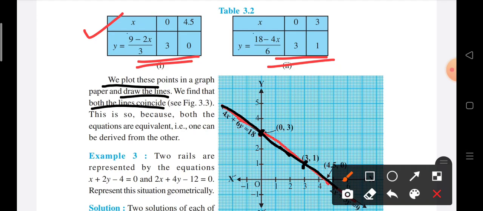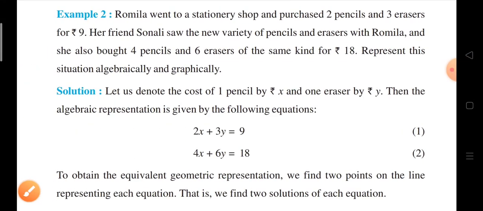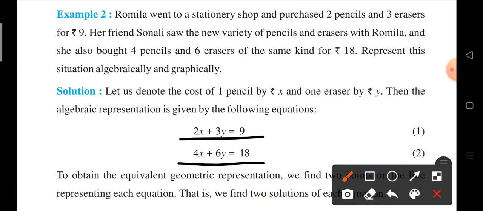This is so because both the equations are equivalent, that is, one can be derived from the other. Here you can see the two equations.